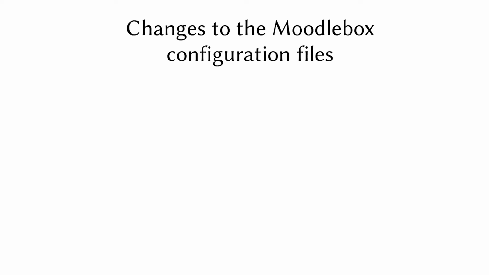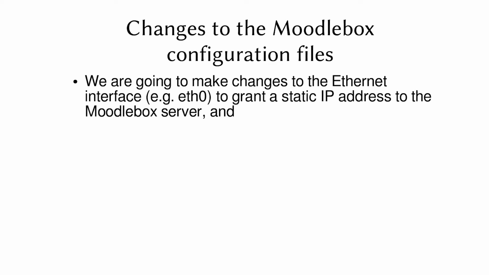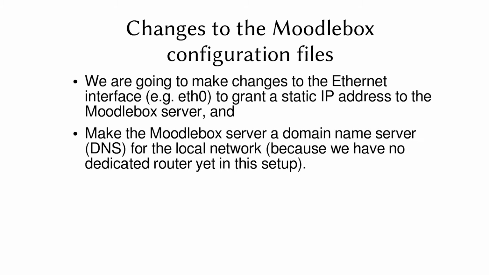So what are the changes to the Moodlebox configuration files? We need to make changes to the Ethernet interface to grant a static IP address to the Moodlebox server, and make the Moodlebox server a domain name server for the local network.